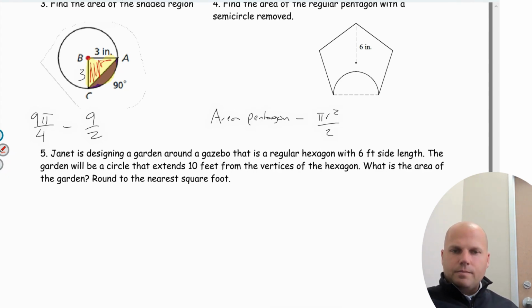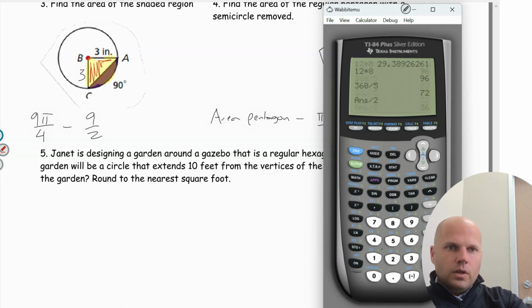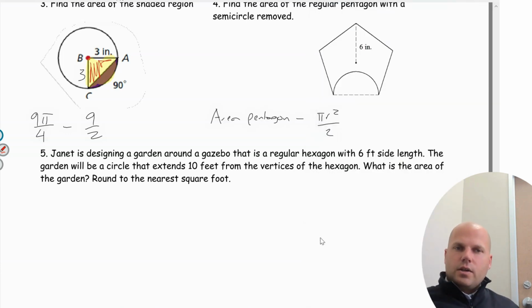We just did a pentagon. 360 divided by 5 divided by 2, or 180 divided by 5, is 36. So we know that one of our triangles has an angle measurement of 36.